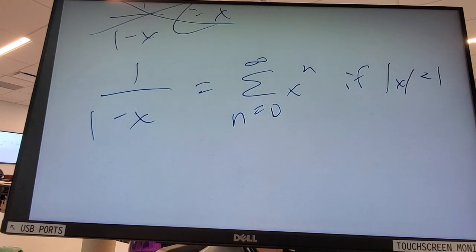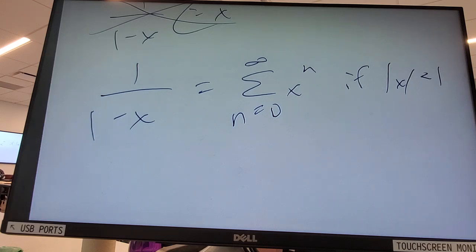And we all talked a little bit about why that's really cool. Polynomials are some of the absolute best functions. So if I stop the infinite polynomial somewhere, I could get a decent enough approximation.